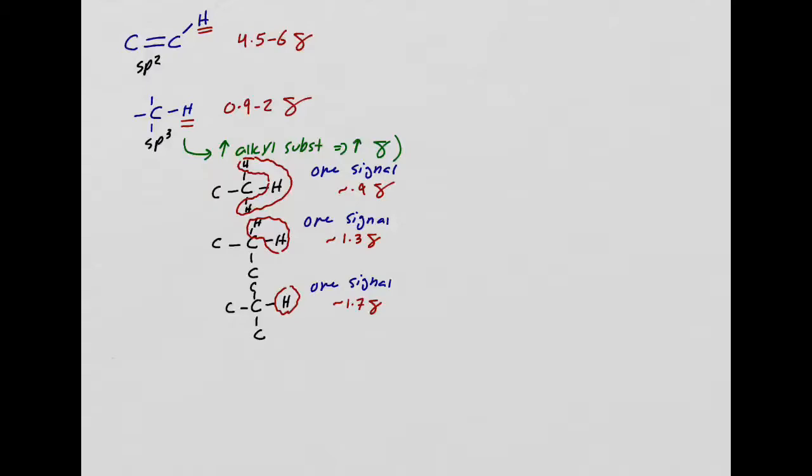Now, if that carbon is attached to more alkyl group, the chemical shift is going to be higher, as I showed right here. So far, so good? Okay, so hopefully you guys are following me so far. I'm going really slow. Hopefully this is helping you understand it. Now, here's another sp3 situation that we could have.